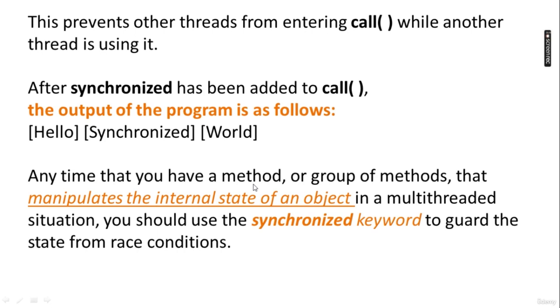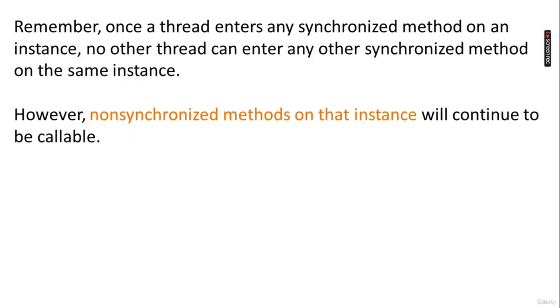Okay, so same method you are calling. There are multiple threads and there is only one method. All threads will be acquiring control on the same method. In that situation, you should precede that method with the keyword synchronized so that it will avoid the race condition.